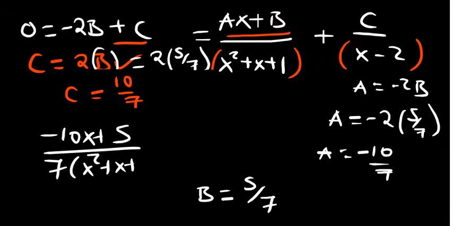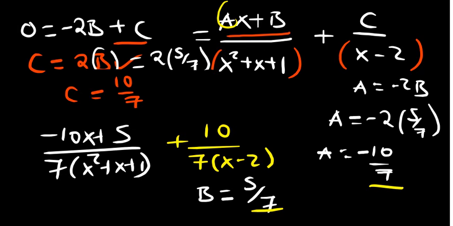So we had the common denominator of 7 between a and b. So which one is our a? Our a is basically negative 10. So it's negative 10x plus 5. Then for our c, we have 10 over 7 as well. So it's going to be plus 10 over 7 times x minus 2. So this is the way you get to convert that to partial fractions.